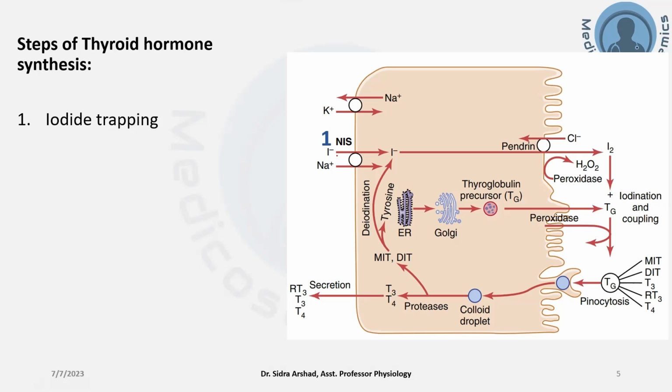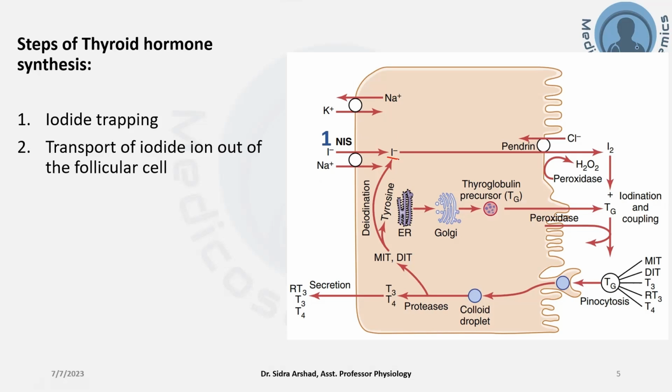For every 2 sodium ions that it takes up, it transports 1 iodide ion into the follicular cell. The gradient for this transport is established by the sodium-potassium ATPase. So the number one step is iodide trapping. Iodide, which was present in the blood, obtained from many food sources, has now been trapped into the follicular cells. Where is the iodide right inside of the cell?